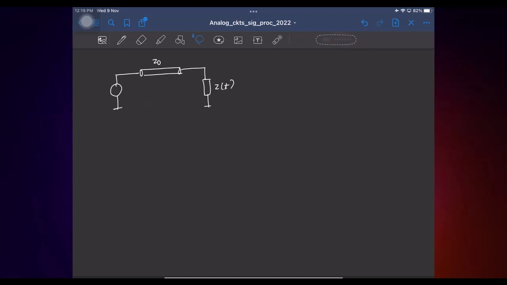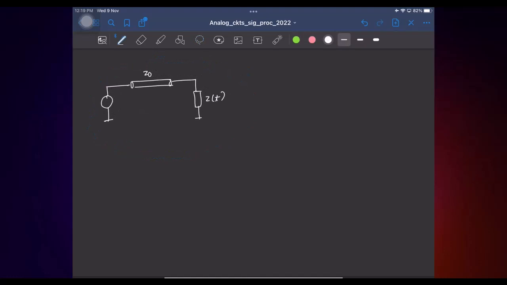Okay, so we saw this notion of reflection coefficient with respect to LTI impedances. So for the LTI network, we had a forward wave V plus, reflected wave V minus. So now we have an LPTV case. So how do you think we'll proceed?